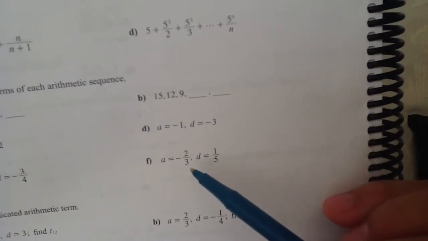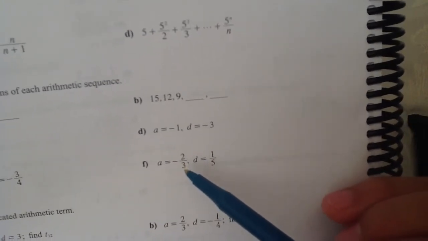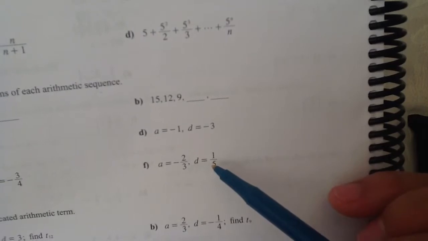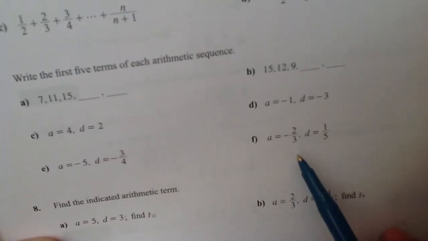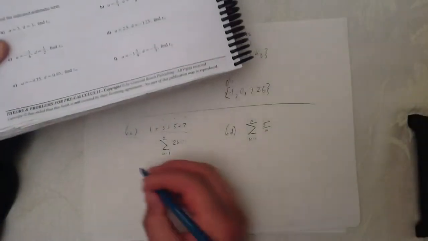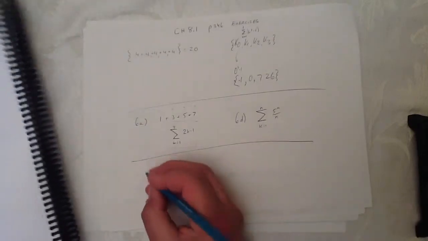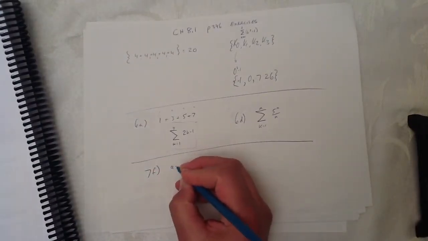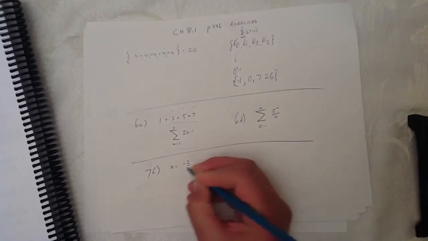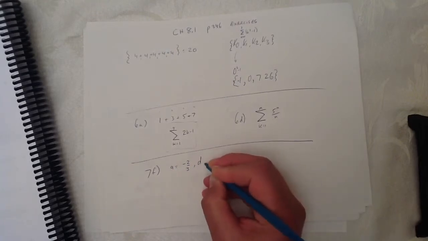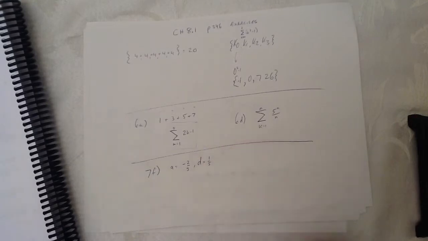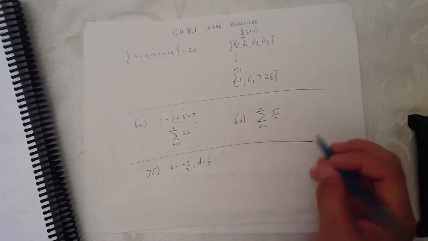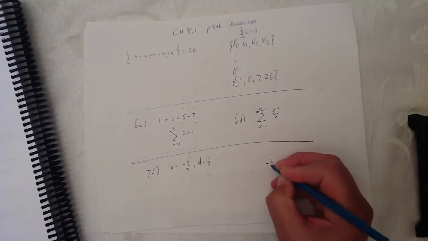And here we have one as a fraction. It starts at -2/3, the distance being 1/5. So we'll have to do a little math. Go figure. So this one is 7f, where a equals -2/3 and d equals 1/5. So the first term is -2/3.